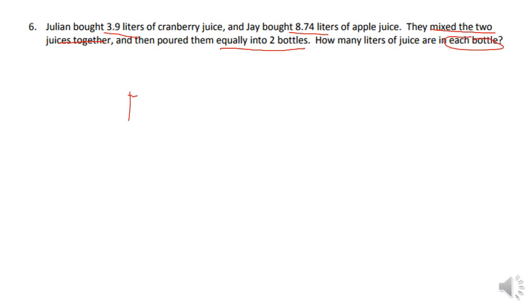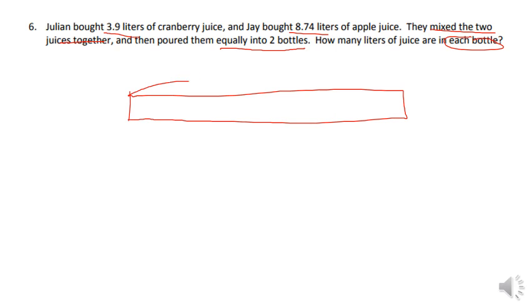So if I do a tape diagram, I'm looking for the total first, because it says that they had 8.74 liters of apple juice and 3.9 liters of cranberry juice, and I'm looking for the total of the two first. So I can tell that I have to add them together.